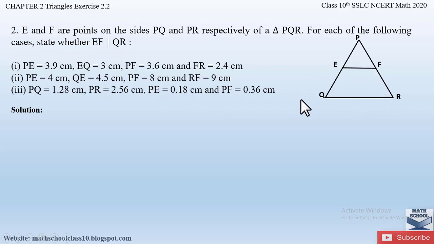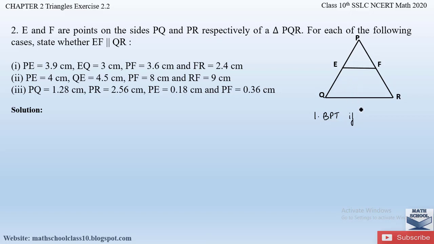To solve this problem, we have to use theorem number 2.2, that is the converse of the basic proportionality theorem. So let us first of all recall the basic proportionality theorem and the converse of the basic proportionality theorem. In the basic proportionality theorem, the condition is: if EF is parallel to QR, that is, any line intersecting the other 2 sides of a triangle and parallel to the third side, then this line divides the other 2 sides in equal proportion.